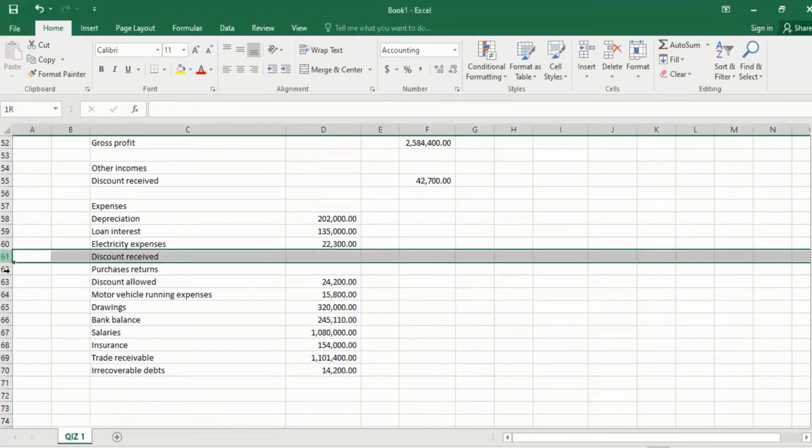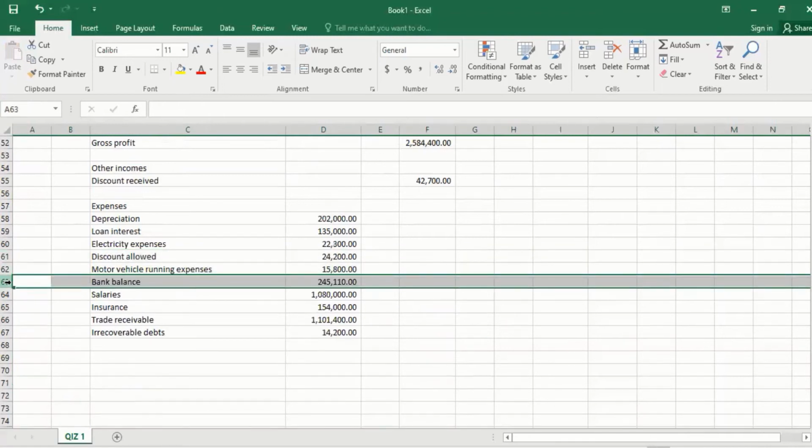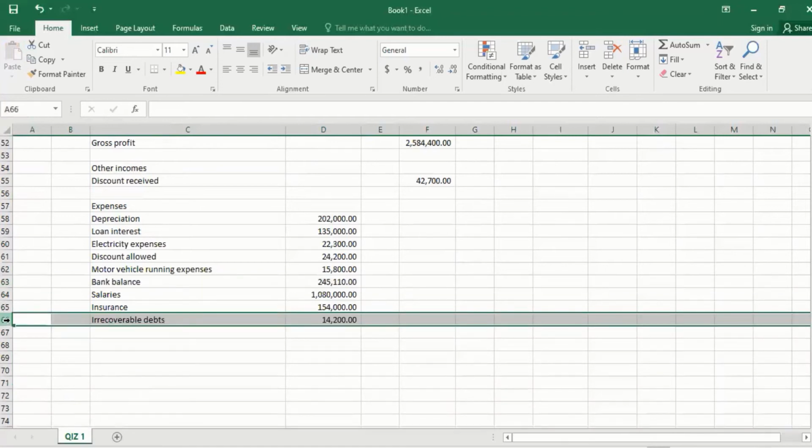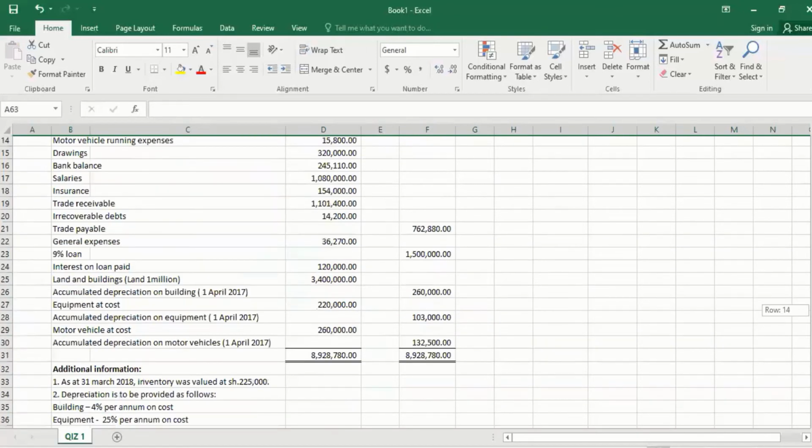These two are not expenses. I remove the drawings. Drawings is an appropriation of capital. Just remove it. Trade receivable is a current asset. That will make my work easier. And bank balance is also not there. Then I can go back and see which one I have not copied.